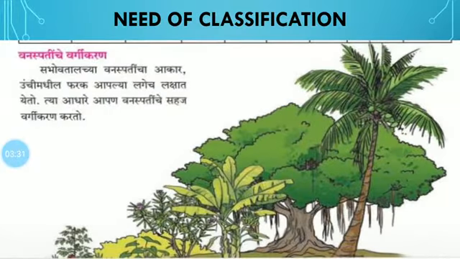We have to separate that. Next, the scientist Carl Linnaeus made the first scientific classification of plants. Initially, it was his method of classification that was used by all.